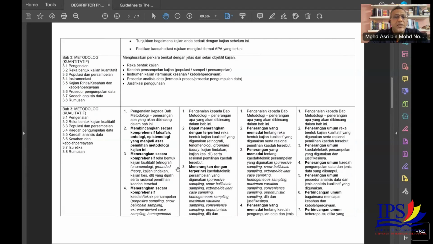Despite whatever you may think, whatever your supervisor may say, please understand that this is a MOHD project paper, which carries 6 to 8 credit hours. That's the point.